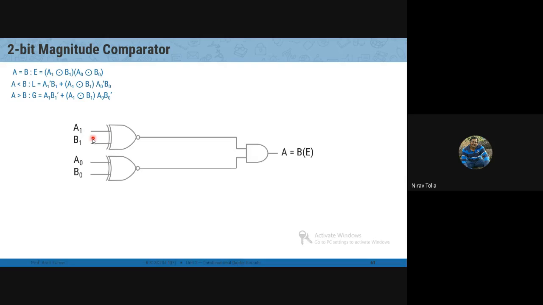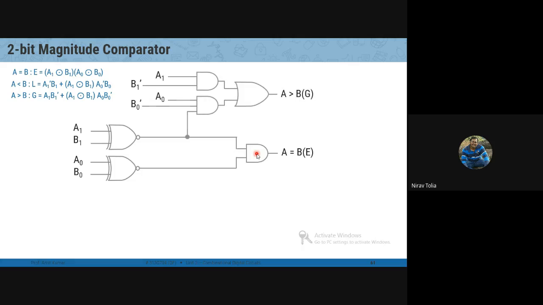See, this is A1 B1, and we are using one exclusive NOR gate. Here A1 coincides with B1, giving to one AND gate, and A0 coincides with B0, again giving to the other input of the AND gate. So finally, we have the circuit for A equal to B.